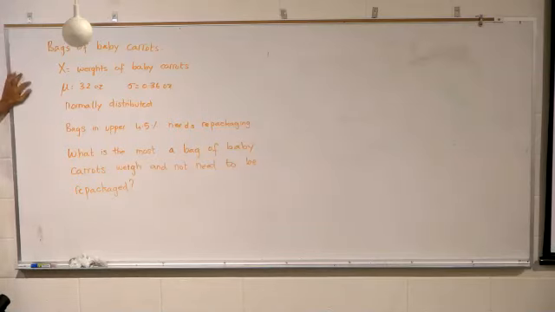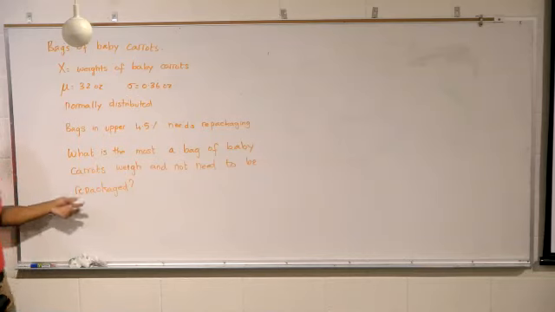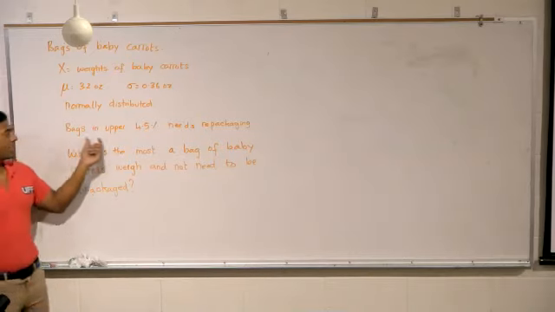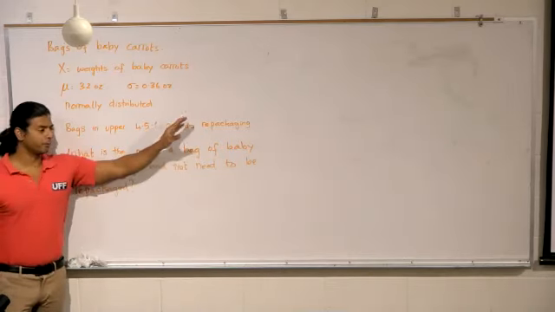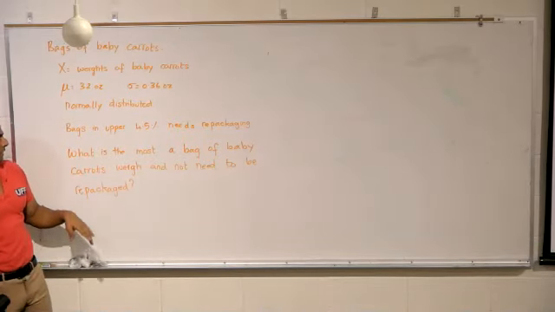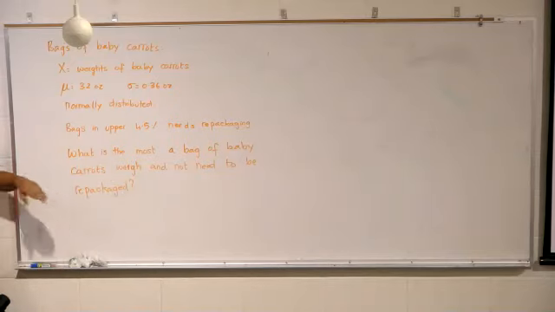For bags of baby carrots, X would be the weight of baby carrot bags, and mu is 32 ounces, standard deviation is 0.36, and the weights are normally distributed. The problem states if the bags are in the upper 4.5%, they need repackaging. The question is, what is the most a bag of baby carrots can weigh and not need to be repackaged?